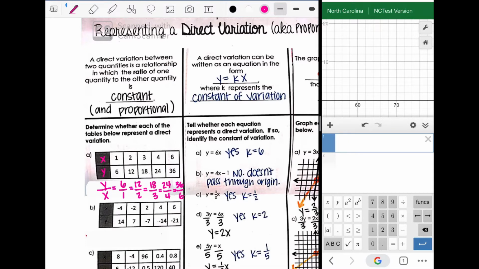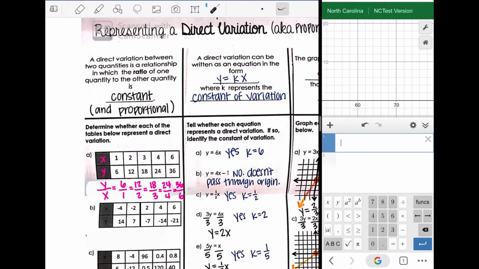So when we look at these values, if they all represent the same ratio, then that is a direct variation. So what I mean by that is 6 over 1 is the same as 12 over 2 because 12 over 2 can be reduced to 6 over 1. 18 over 3 can be simplified to 6 over 1. 24 over 4 can be simplified to 6 over 1.